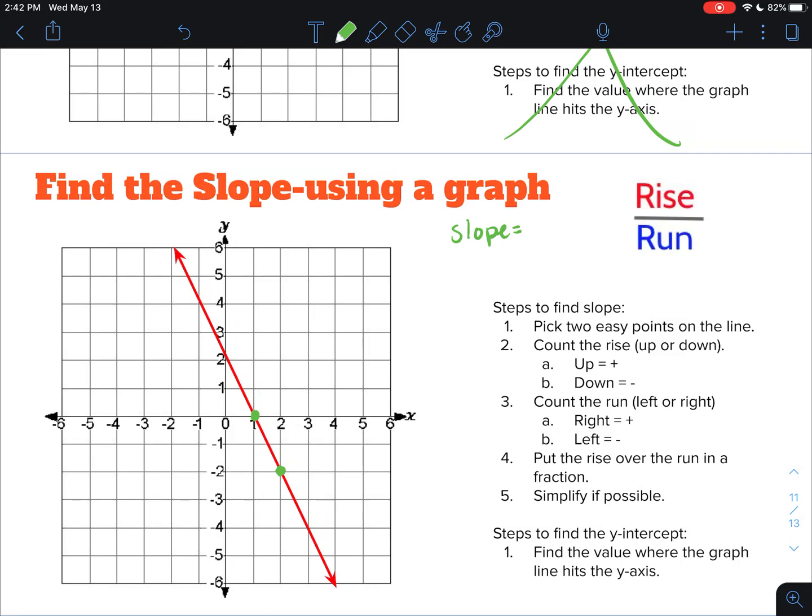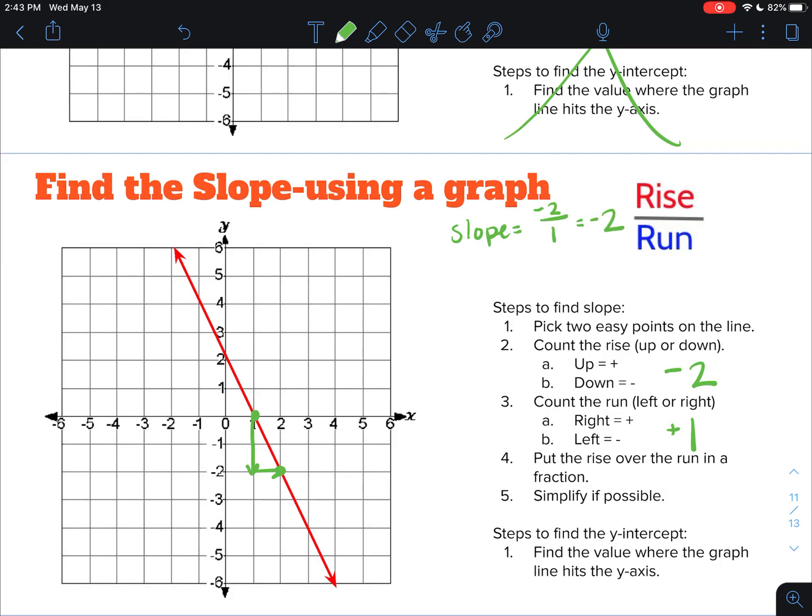Okay, so I'm going to start at the first point from the left, but this time, notice, I have to go down twice. So this one's going to be a little bit different. So this is down, so it's -2. And then I go to the right once, so that's a +1. So that would be -2 over 1.